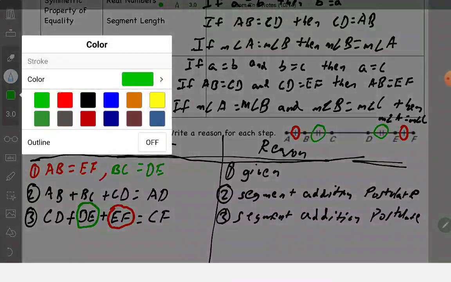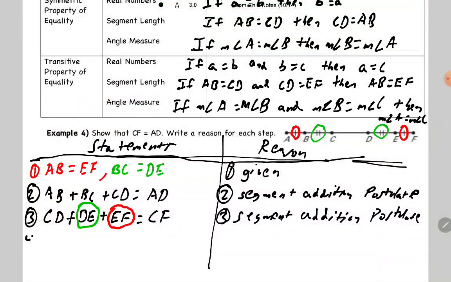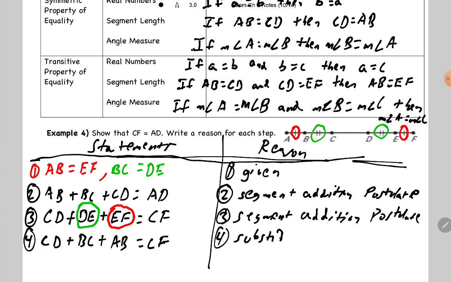So if I rewrite this, I'll have CD plus my green is now BC, and my red is AB, and then CF. So what I did there was substitution.